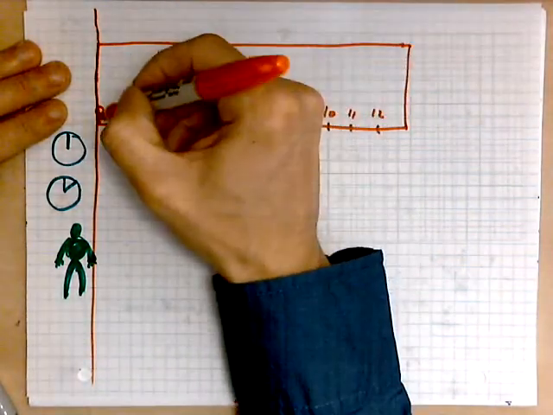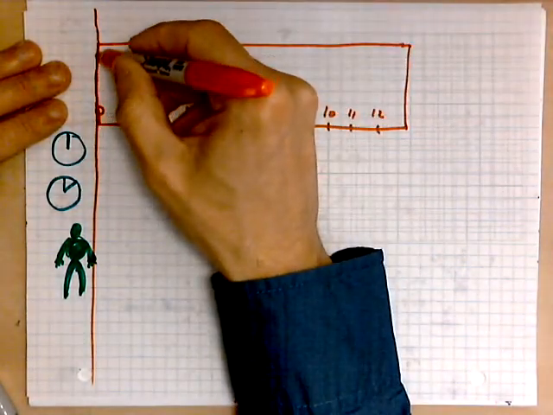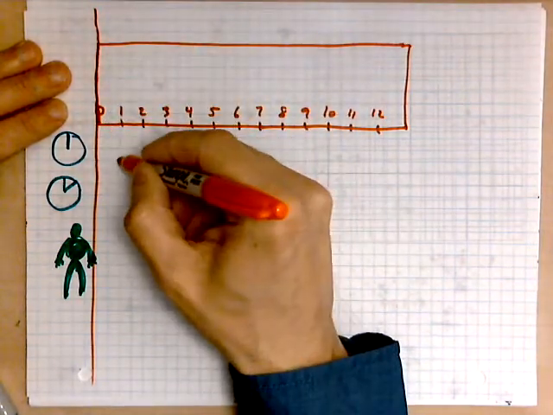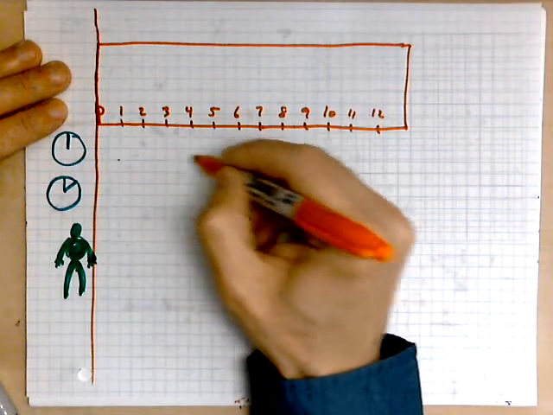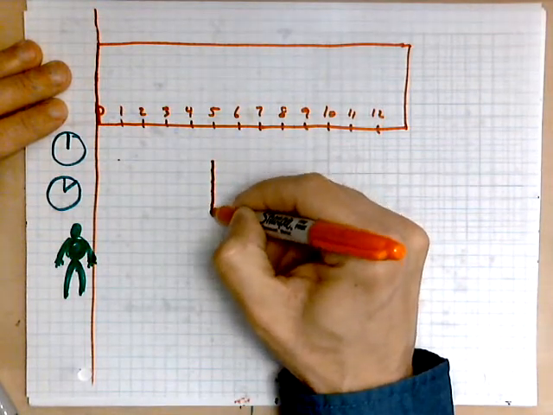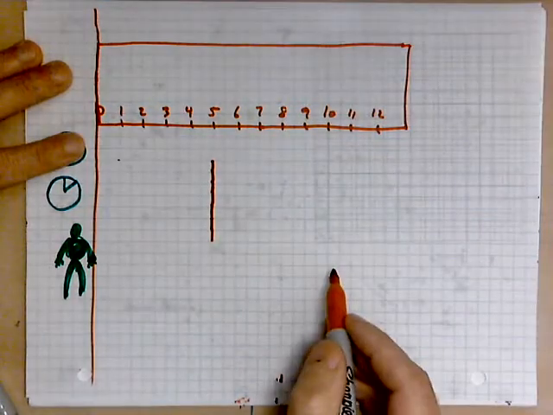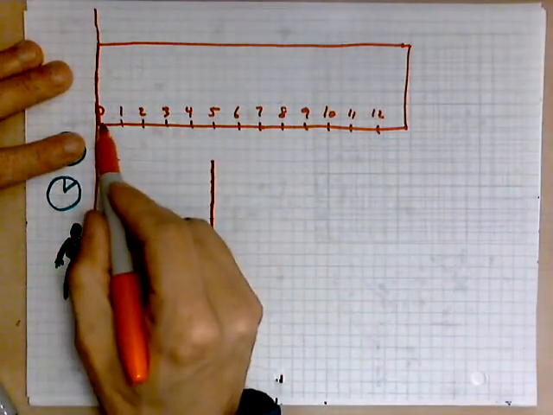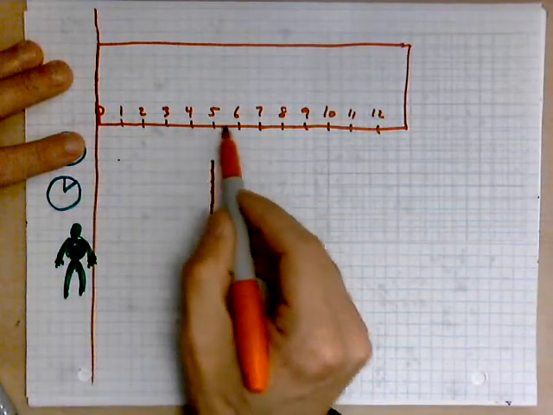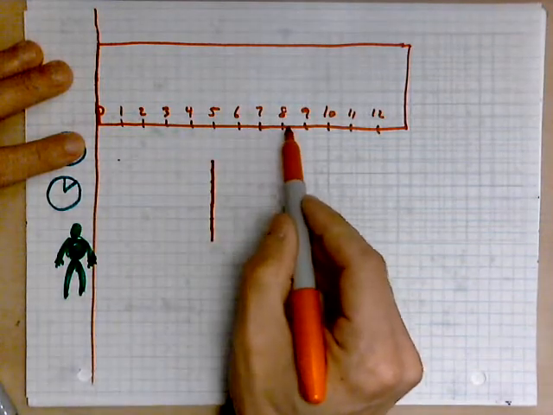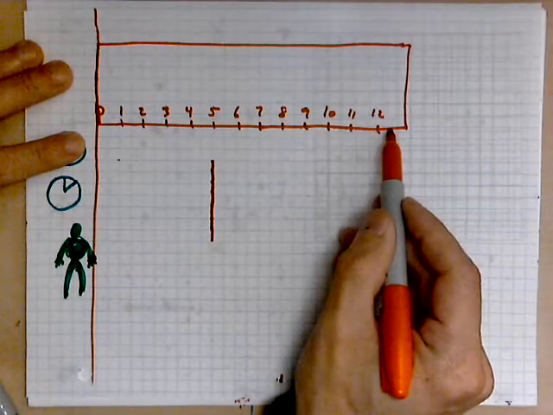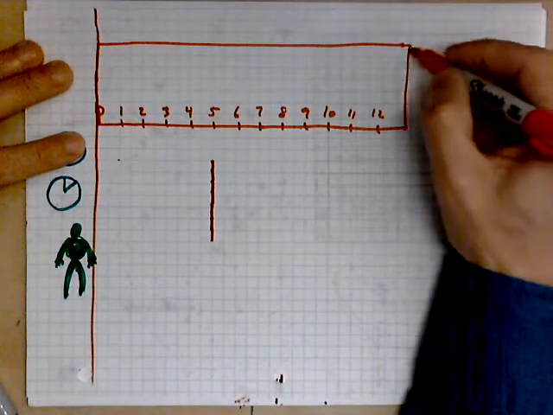So how wide is this ruler? Let's count. 1, 2, 3, 4, 5, 6, 7. Let's do it to here. There we are. 1, 2, 3, 4, 5, 6, 7. And it's about 27 long.